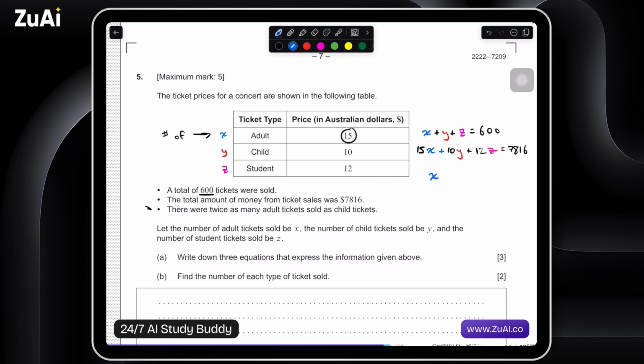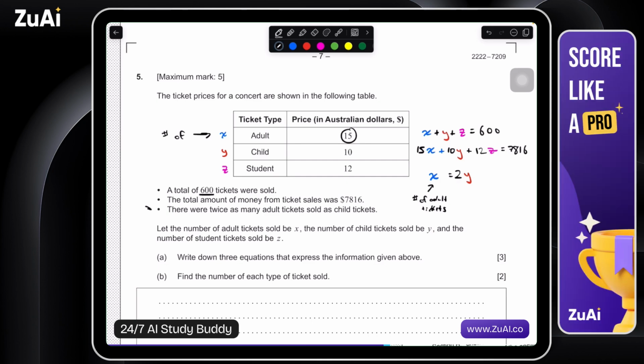So let's write adult tickets equals child tickets. But that isn't the case, because the number of adult tickets is not equal to the number of child tickets. We have more adult tickets sold. X is the number of adult tickets, and the number of adult tickets equals twice the number of child tickets. So there were twice as many adult tickets as child tickets.